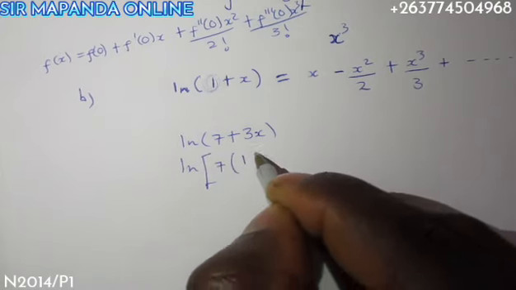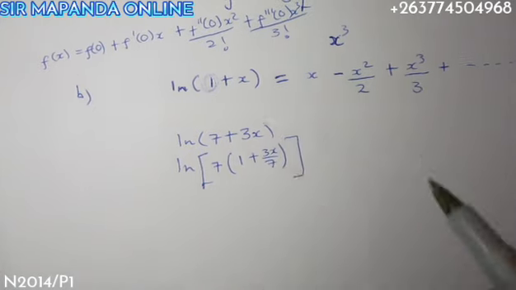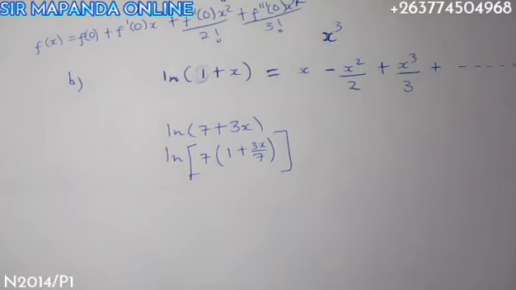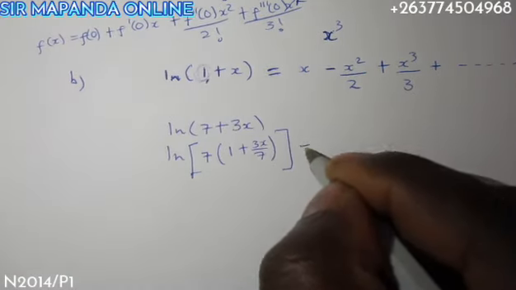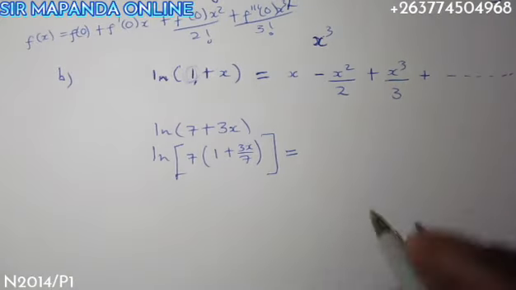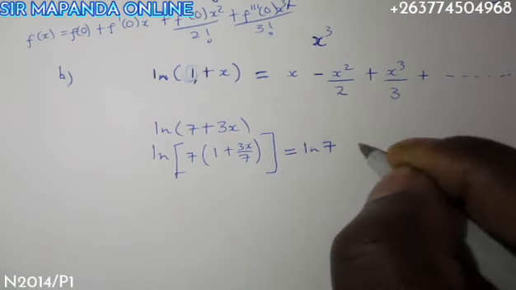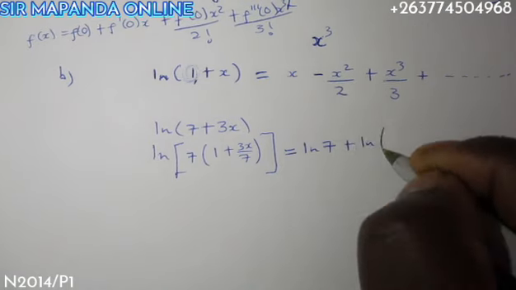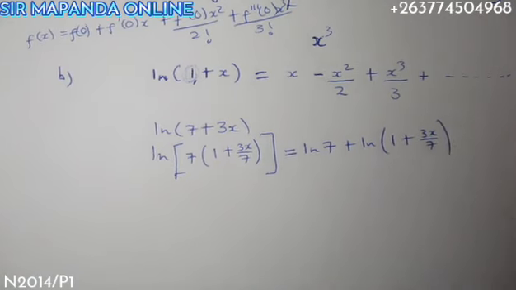You'll be left with 1 plus 3x over 7 after factoring out 7 to create the required 1. Then applying the product law of logs, you can split it to give you ln 7 plus ln of 1 plus 3x over 7.